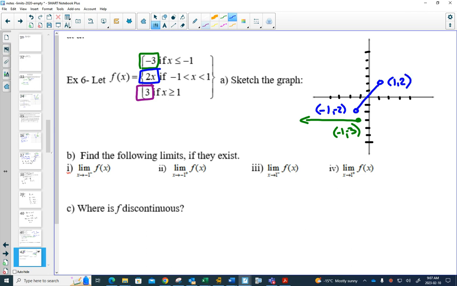And I just have the straight line in between those 2 points with open circles because there's no equal signs with the 1s there. And then in purple, it's equal to 3 after that.